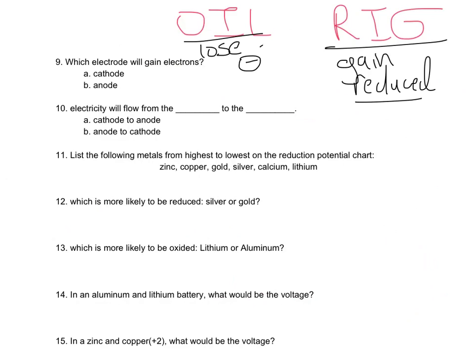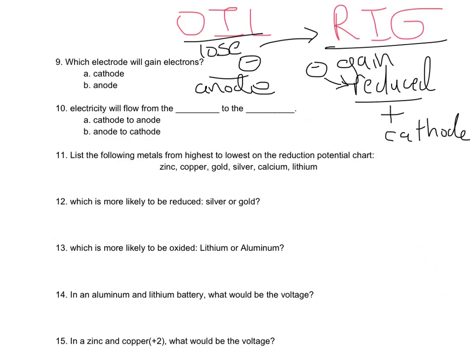So the electrons flow from there to here. Okay? Meaning this is positive, this is the negative terminal, and the positive terminal is the cathode, and the negative terminal is the anode. Anode, negative, losing electrons.